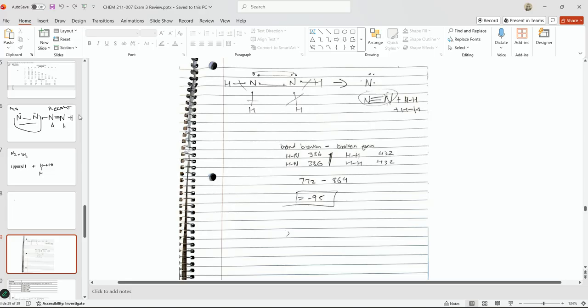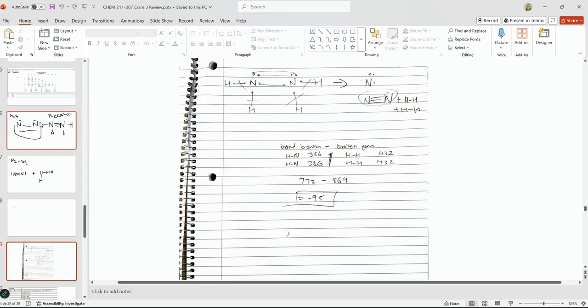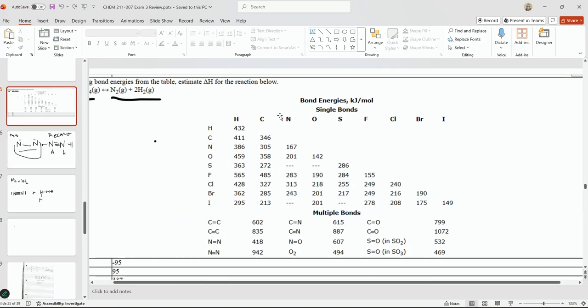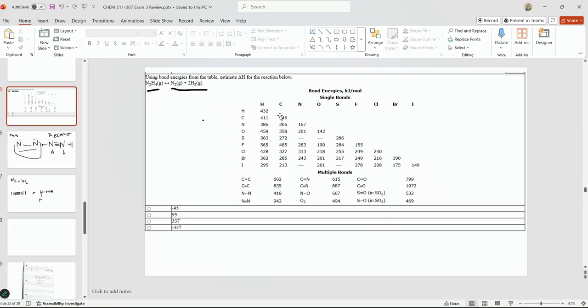1, 2, 3, 4, 5. 1, 2, 3, 4, 5. So connect 3 bonds. So we have 4. Okay, maybe we could connect like a single bond. Maybe that's why. All right, so it's going from a single bond, and we have N2 plus 2H.